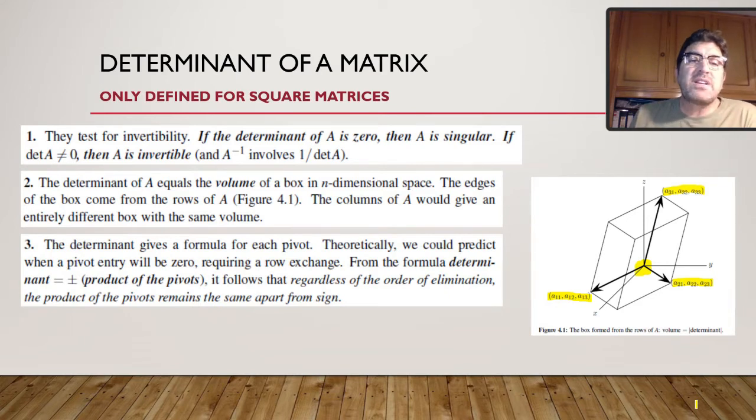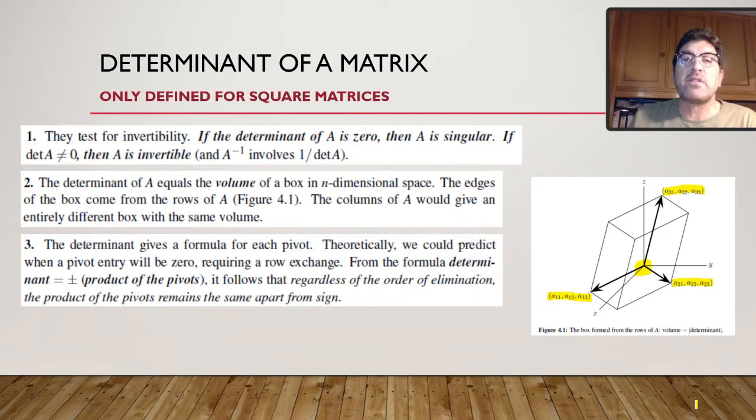Okay, the determinant gives us a formula for each pivot. Theoretically, we could predict when a pivot entry will be 0, requiring a row change. Okay, so from the formula, the determinant can be plus or minus the product of the pivots. It follows that regardless of the order of elimination, the product of the pivots remains the same apart from the sign.